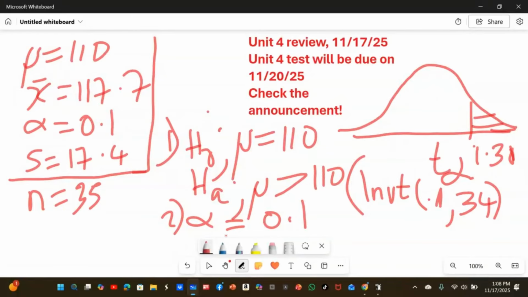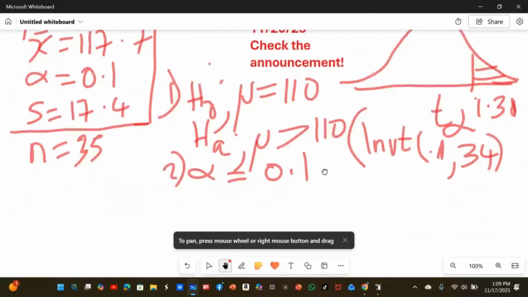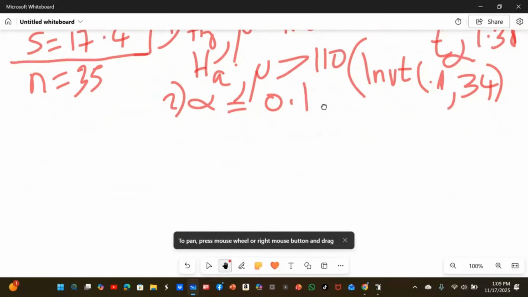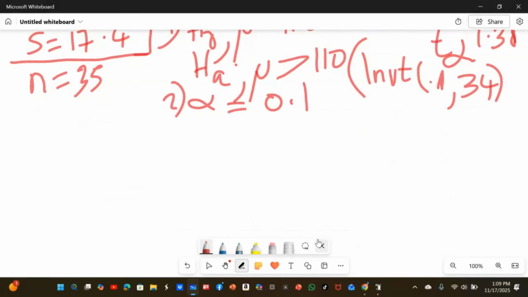So I have done step 3, calculated the critical value. Remember, there are 5 steps in hypothesis testing. You have to go through all of them. So number 3, t alpha is equal to 1.31. In other words, the boundary line for rejection and acceptance is 1.31.